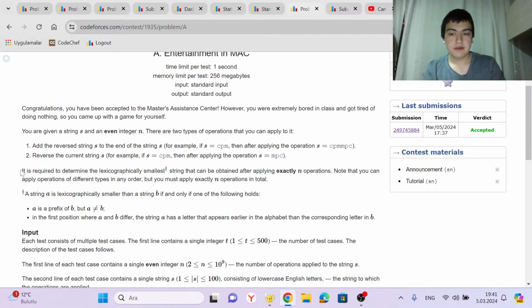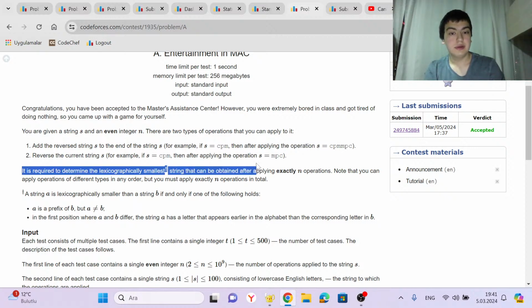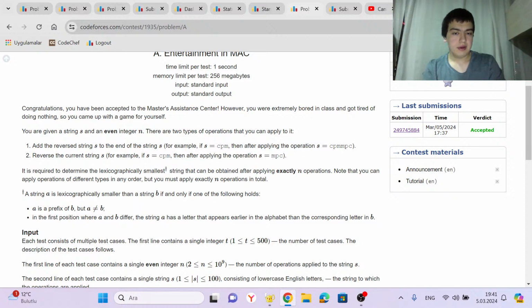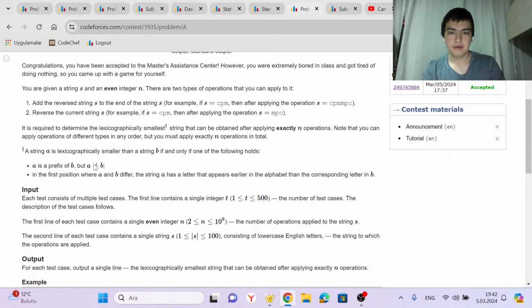The problem wants us to find the string that is lexicographically smallest after applying exactly n operations. A string a is lexicographically smaller than b if a is a prefix of b but a does not equal b, or if at the first position where a and b differ, the string a has the letter that appears earlier in the alphabet.